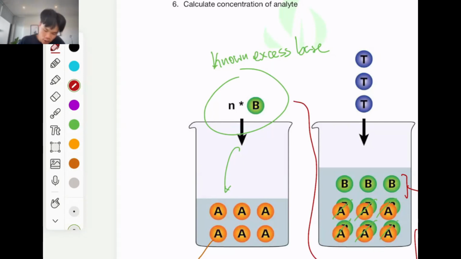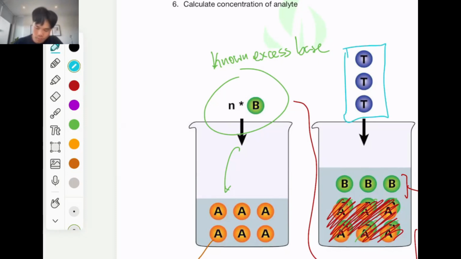So then what you're actually titrating in a back titration is the excess base that was left over. You're using your titrant, which in this case would be an acid titrant, putting it in, and you would stop when you've neutralized all of the base, and this would now be a known volume and concentration of acid.